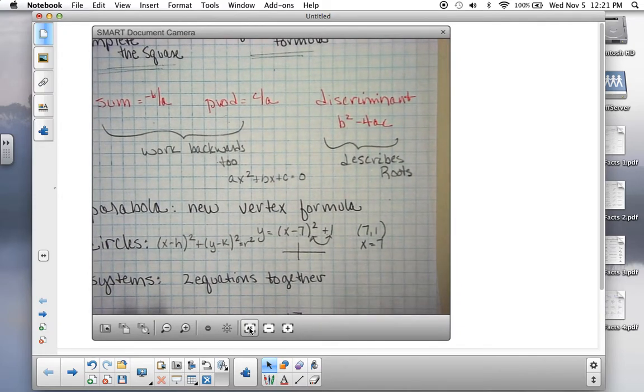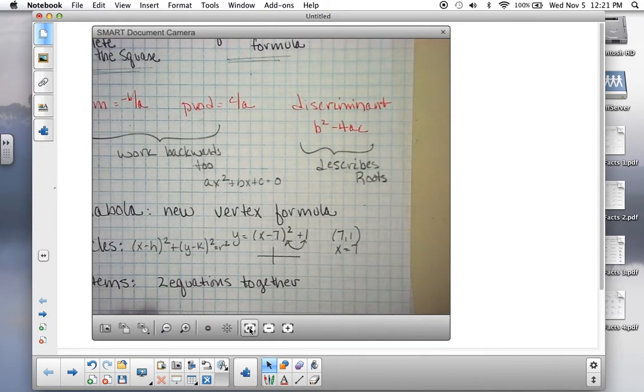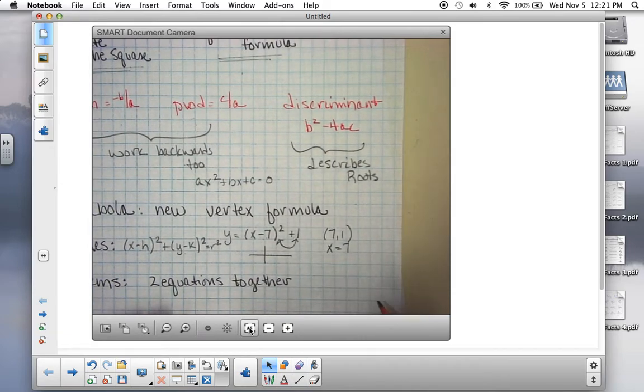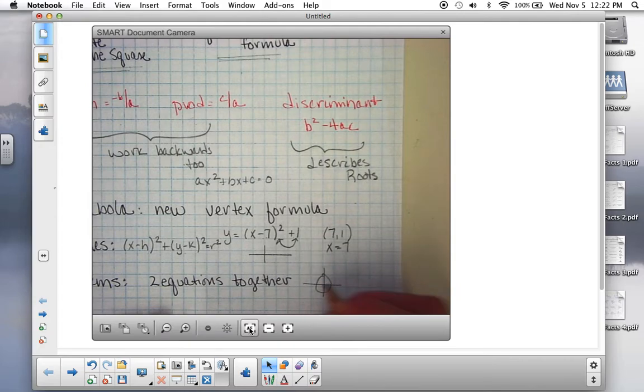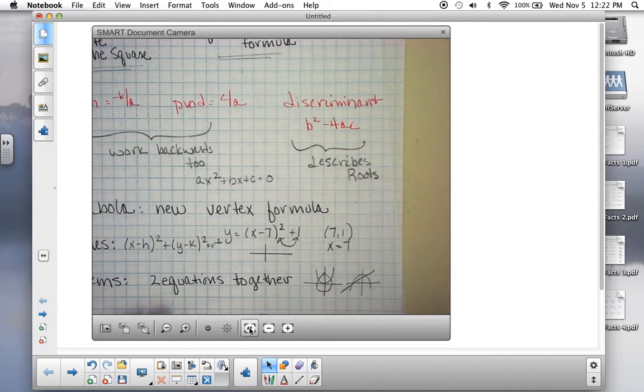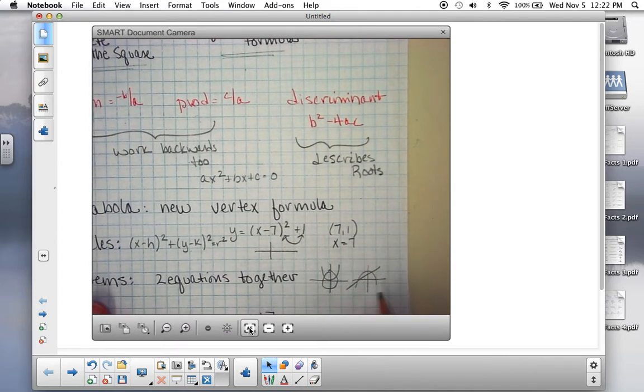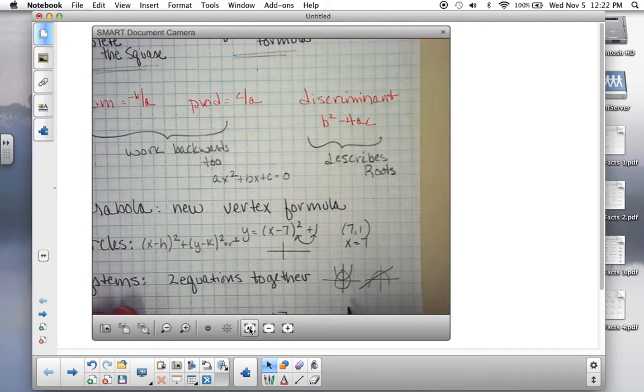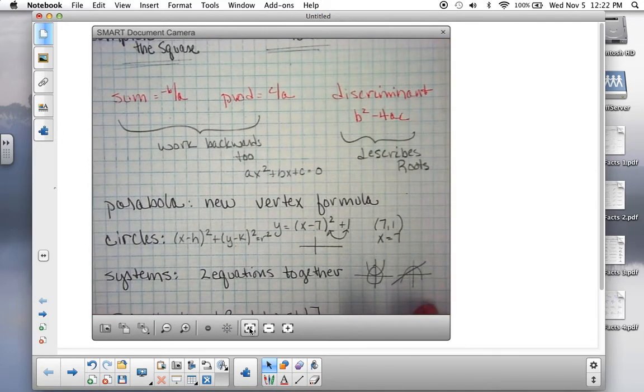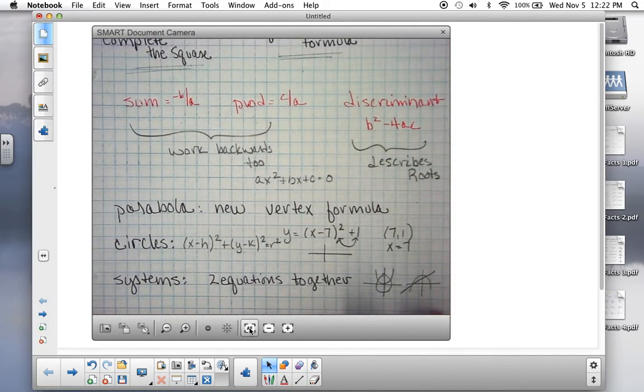You can do that graphically or algebraically. Graphically, it could be two parabolas, it could be a circle and a parabola. Suppose they asked you to graph a circle and a parabola, something like that. You'd find points of intersection. But more typically, it was a parabola and a line, or a circle and a line, graphically or algebraically. If it's algebraic, you have the choice of substitution or elimination.